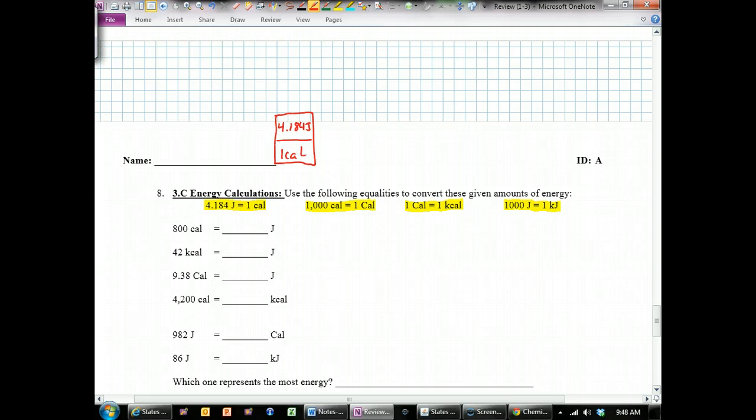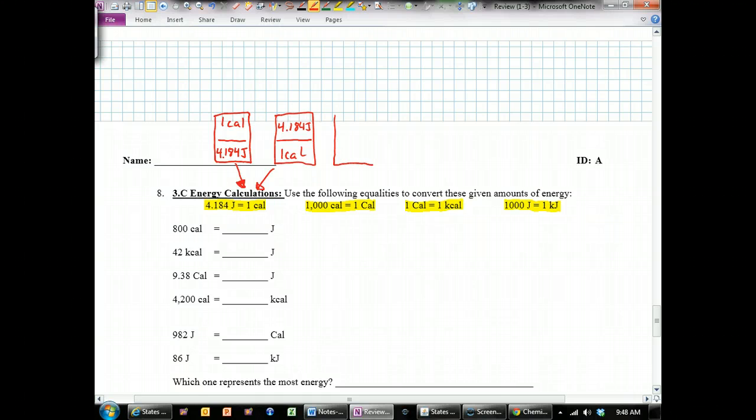So in this case, I'm showing one of the ratios, and the other ratio that you can get is the exact same values, except now you put 1 calorie on top, and the other value, 4.184 joules, on bottom. So those are the 2 ratios you can get from one equality. I'm going to do that for all of these.